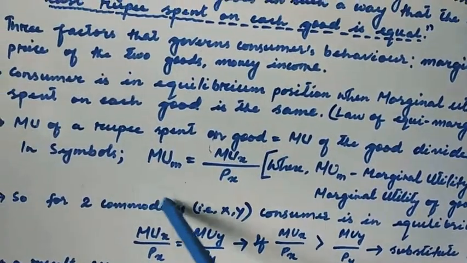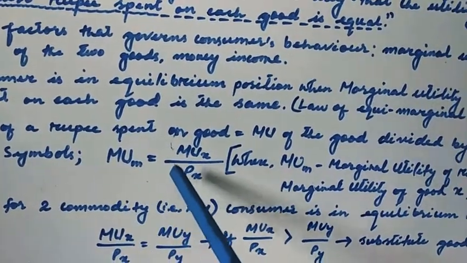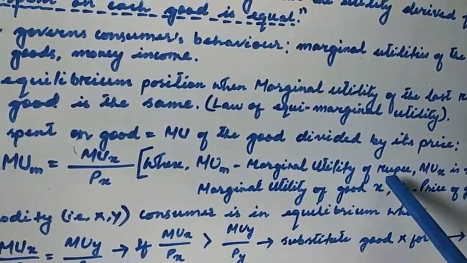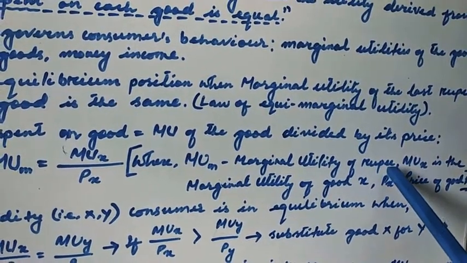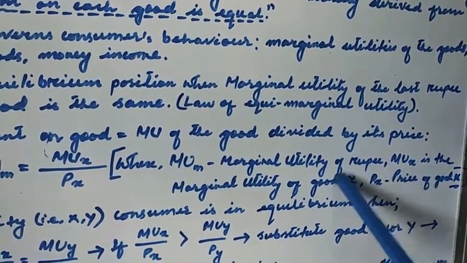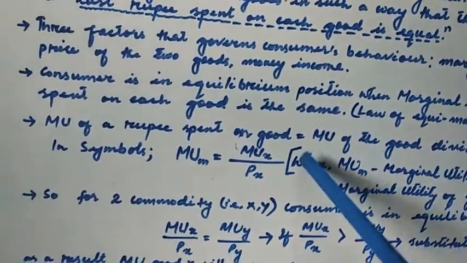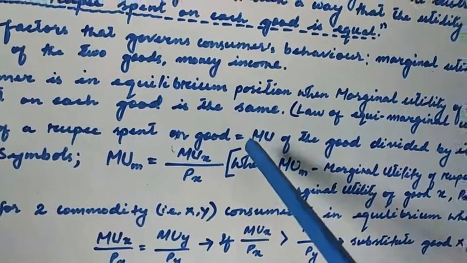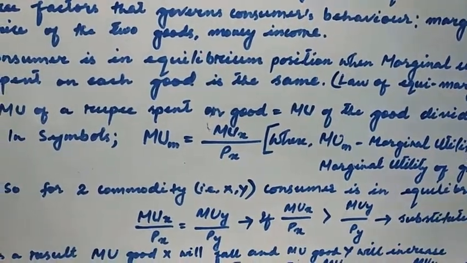So this is the situation of the law of equi-marginal utility, where the marginal utility of a rupee equals the marginal utility of good X divided by the price of good X. That is the position where we have equi-marginal utility.